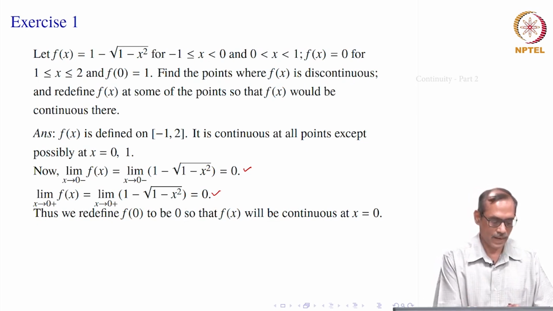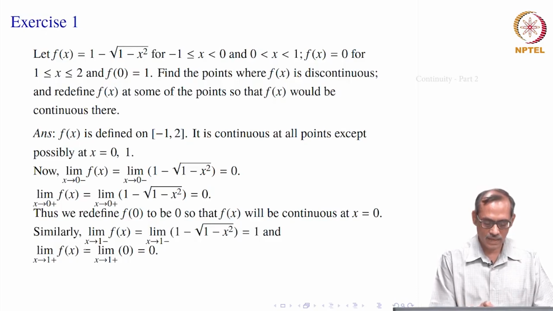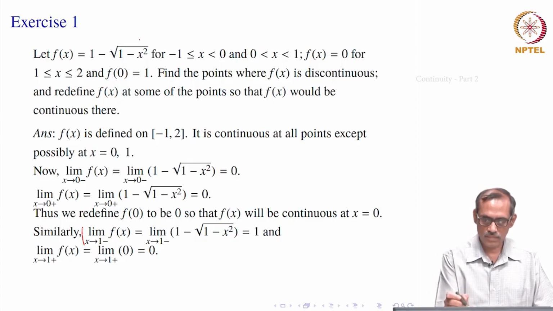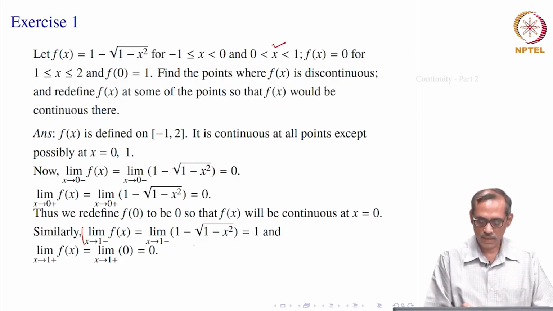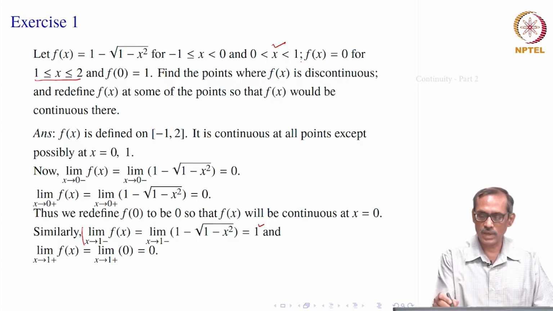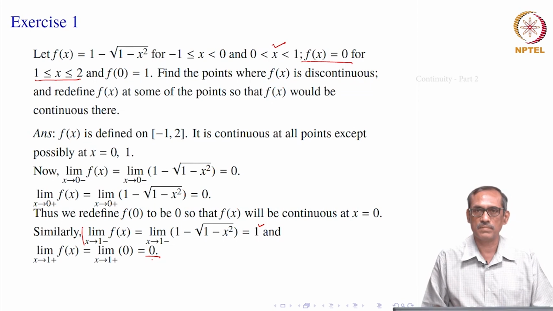Now, we will discuss at 1. At 1, again we go similarly. As x goes to 1 minus, f of x is 1 minus square root of 1 minus x square, which equals 1. Now, when x goes to 1 plus, that is from the right hand side, the constant 0 is applicable. So, the limit should be equal to 0.